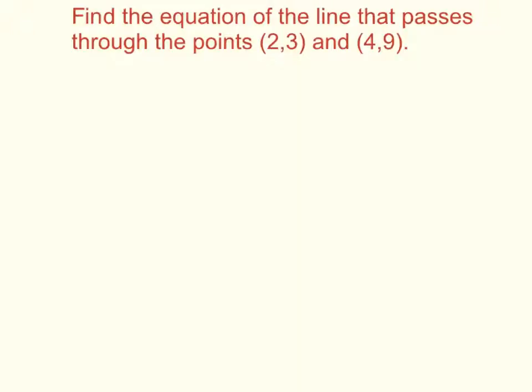All right, on this one, it says find the equation of the line that passes through the points 2, 3, and 4, 9. So x1 is 2, y1 is 3, x2 is 4, and y2 is 9. So we just substitute in using our formula of y2 minus y1 over x2 minus x1.